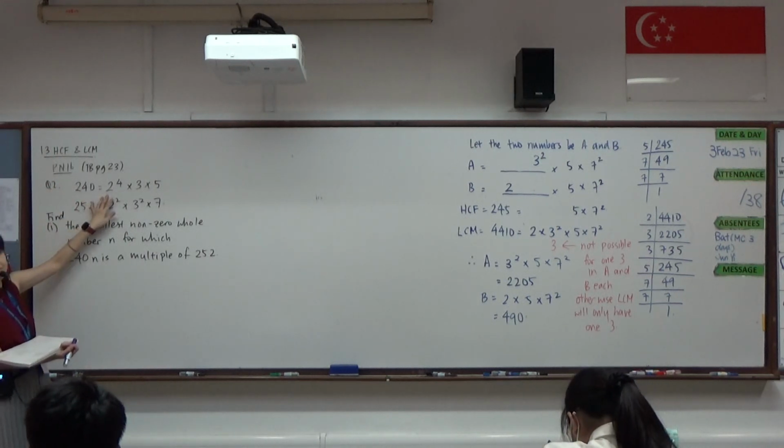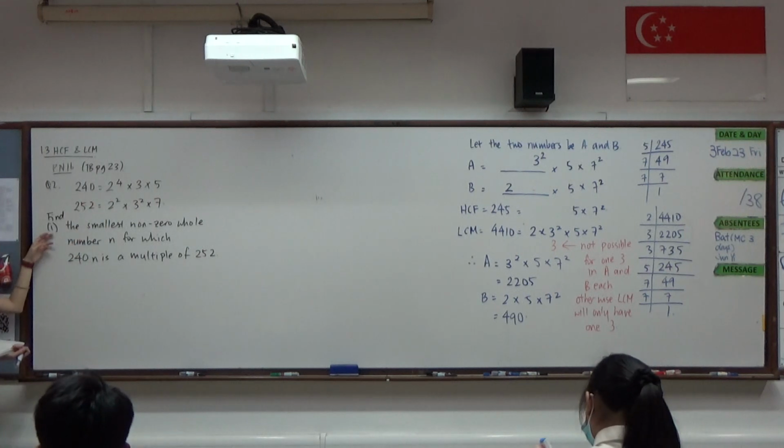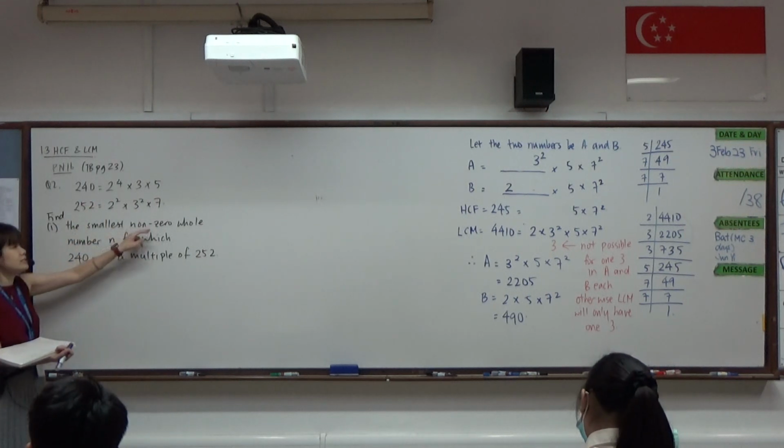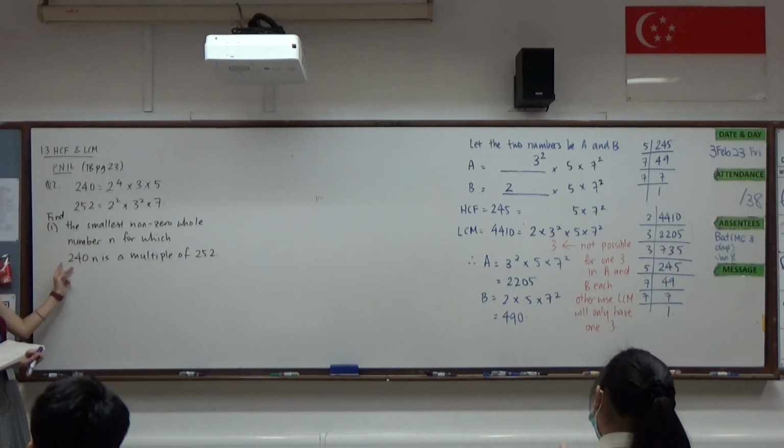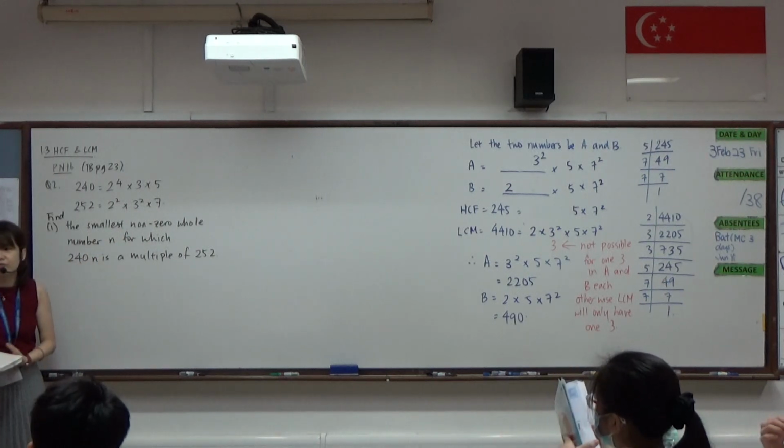It is a product of prime factors already. We want to find the smallest non-zero whole number n for which 240n is a multiple of 252.